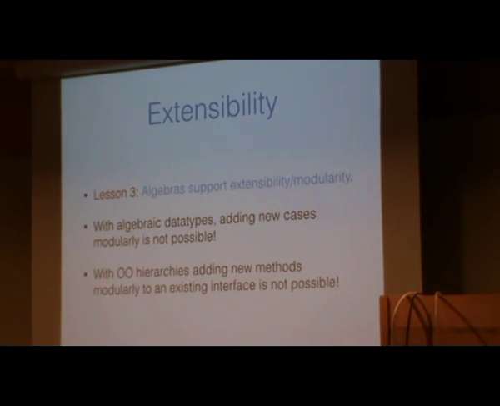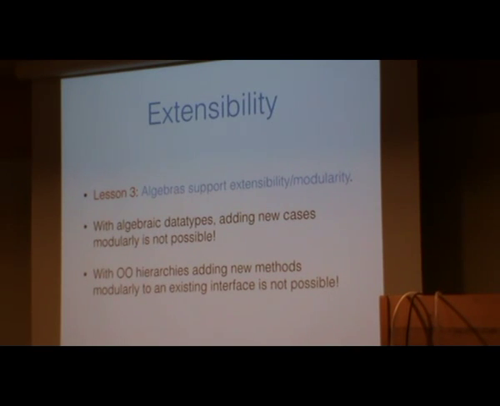So the third lesson was that one nice thing about algebras is that they support extensibility and modularity. With algebraic data types, for example, adding new cases modularly is not possible. With OO hierarchies, adding new methods to existing interfaces modularly is not possible either.